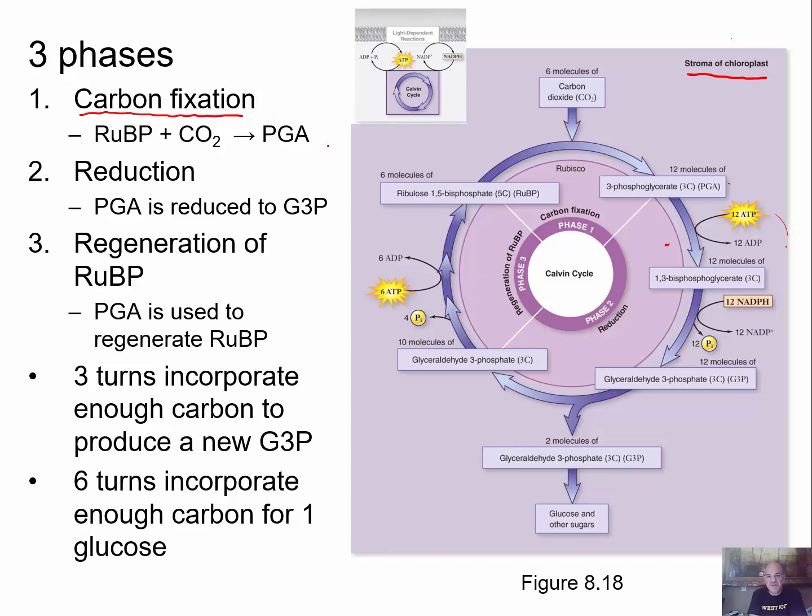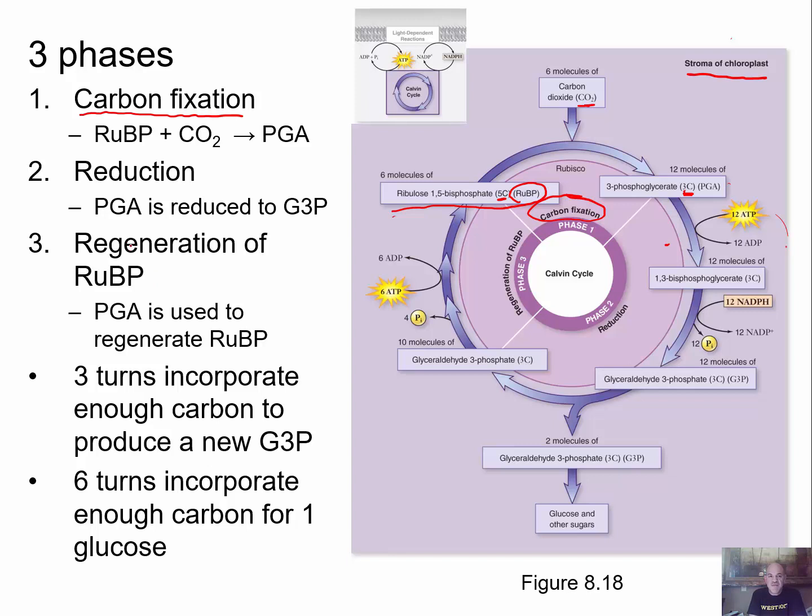Phase 1 is carbon fixation, which in the cycle we see right here. You can see the carbon dioxides coming in, and they're going to be attached to our ribulose bisphosphate, that RuBP. It's a 5-carbon compound, and with a carbon dioxide coming in, it forms 6 carbons altogether. Then you split it in half, and that gives you a 3-carbon compound.